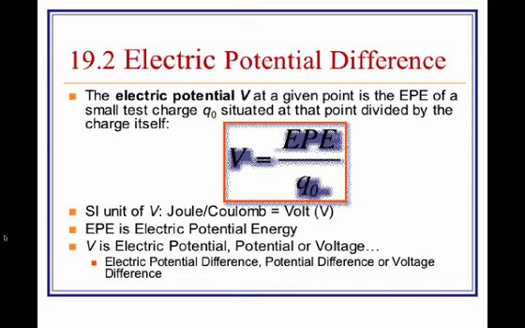And when we talk about voltage, we're talking about the electric potential difference between 2 places. We're going to come back to that a little later when we start talking about circuits, but the electric potential is sometimes referred to as voltage, which is kind of an incorrect thing. It's just the energy per charge at some point.